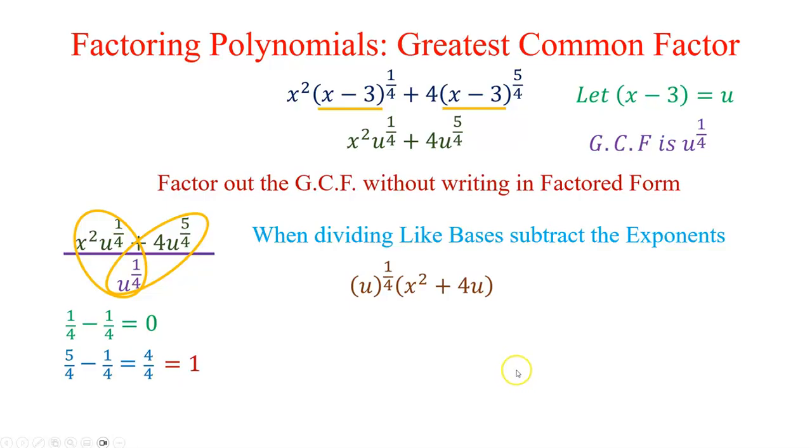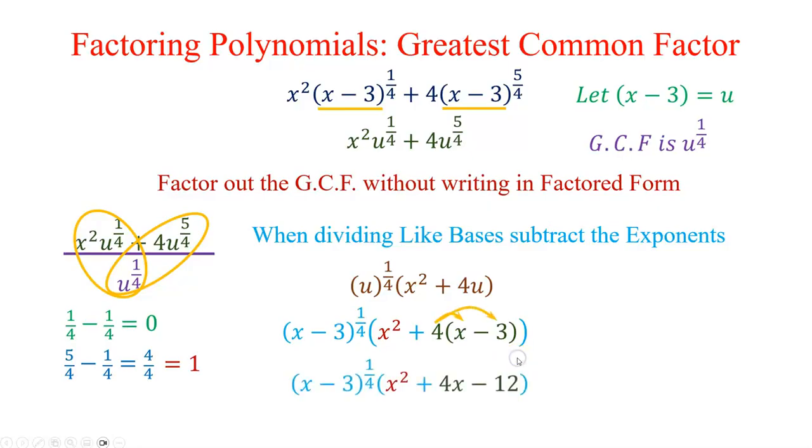And so now, we've done everything we could with the u's. Now it's time to substitute, replace the u's with my x minus 3's. Like before, we distribute and simplify. So there's my answer. So again, we found the answer without writing it in factored form.